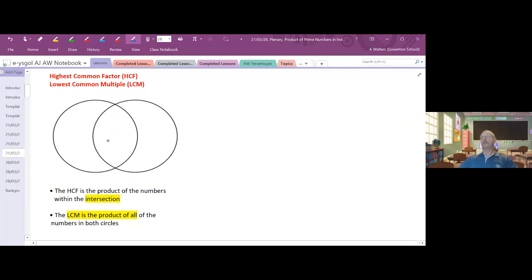You put the common values in the intersection here, and you multiply the values that are in there to get the highest common factor. And the lowest common multiple is everything you see in the 3 sections.